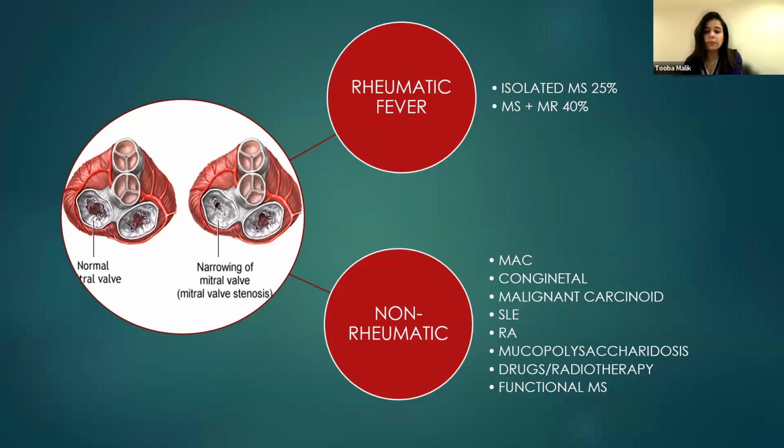Then you can have radiotherapy, for instance, if you've had breast cancer or lung cancer and you've had radiotherapy to the chest, that can affect your mitral valve as well. And then you can get functional causes, for instance, narrowing of the aperture because of age and calcification. So that's another reason.